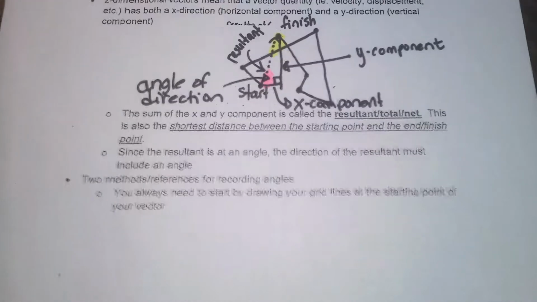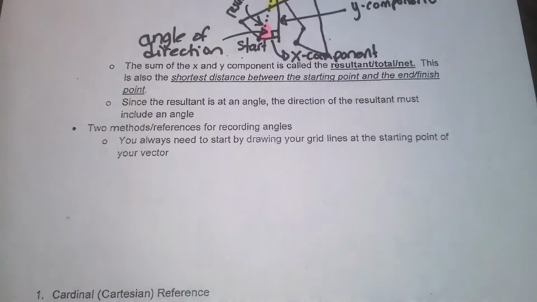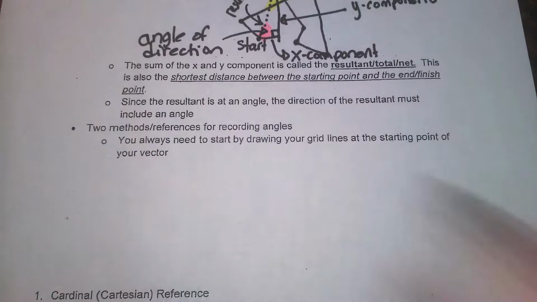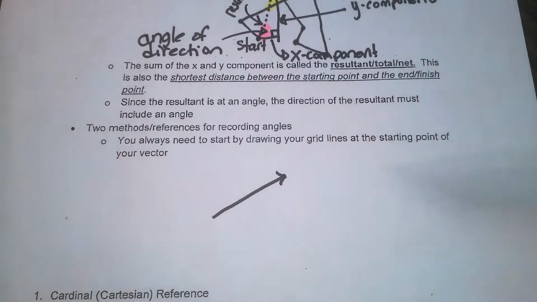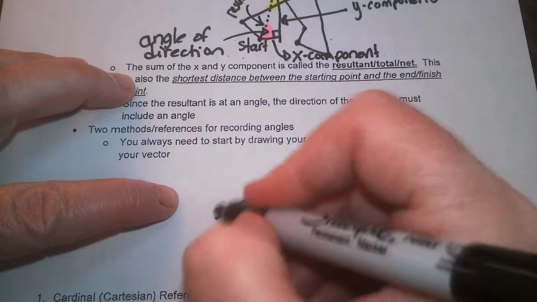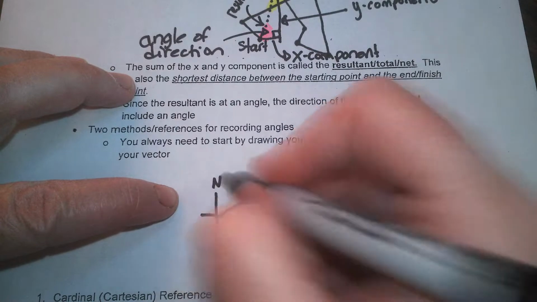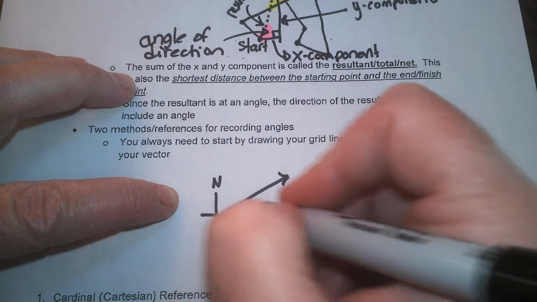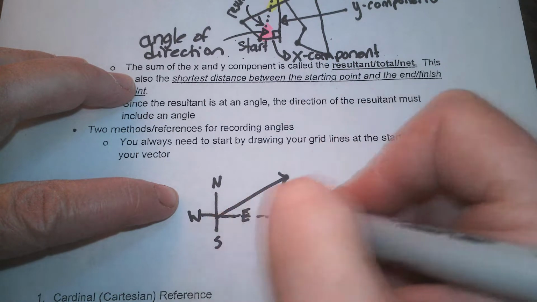There are two ways that we can record angles. Always start by drawing your grid lines at the starting point of your vector. So if I walk this way, if I was to draw my starting grid line here, this being north, east, south, and west, just going to extend this line.